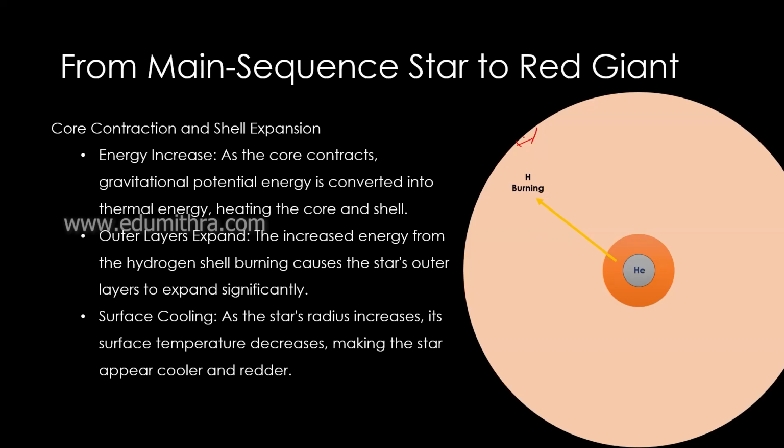Hotter means it becomes bluish in color, because high energy is for blue and less energy is for red. So it becomes red in color, and already it is a giant star and its surface is so cool. It looks like a red giant star. It's not just that it looks like one, it is a red giant star. That is called the red giant phase of a star.